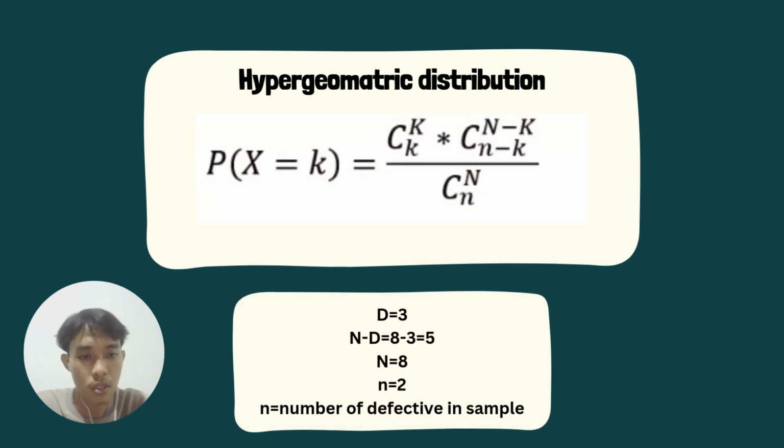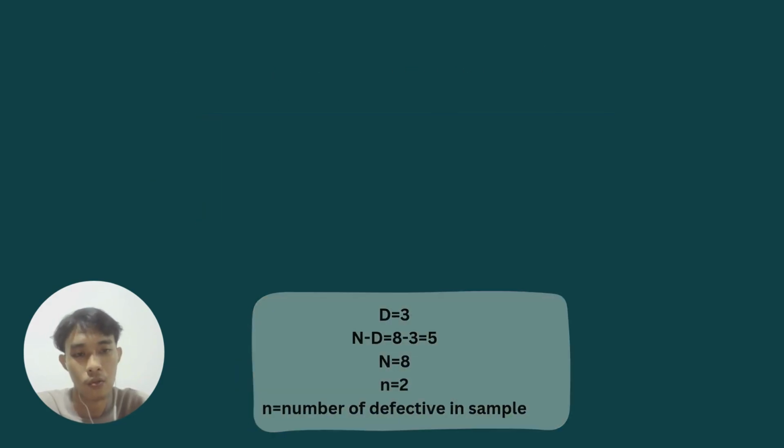So we will use the hypergeometric distribution, and the information given is N equal to 8, the total number of items, d equal to 3, the number of defective items, N minus d equal to 5, the number of non-defective items, n equal to 2, the sample size, and k is the number of defective items in the sample. Now, let's calculate the probabilities for k equal to 0, 1, and 2.